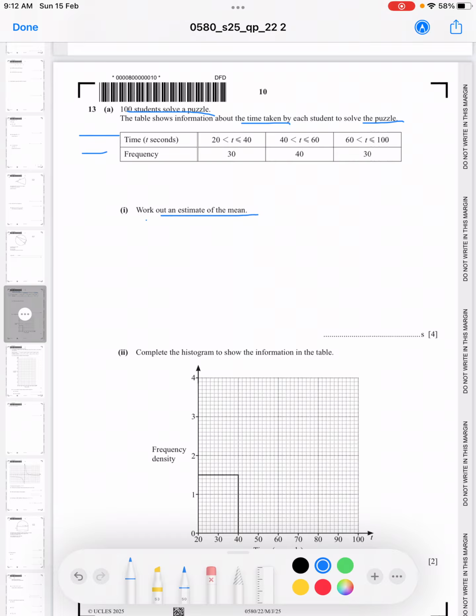Estimate the mean. We all know the formula of the mean is summation f x divided by summation f, right? Summation f is given, that is 100 if you add all the frequencies. And the midpoint x we need to find out, right?